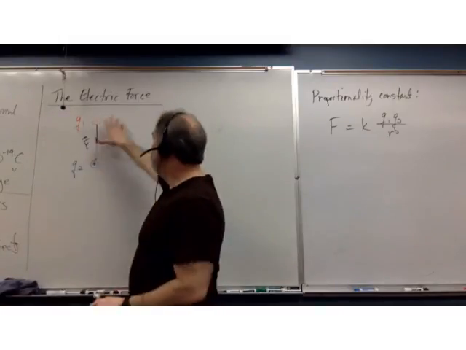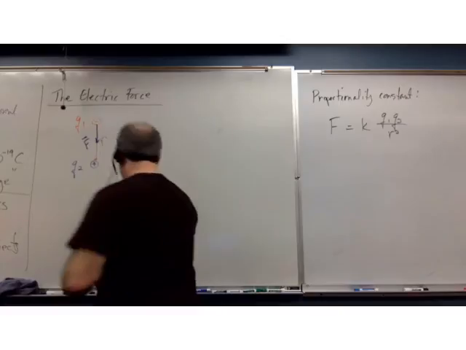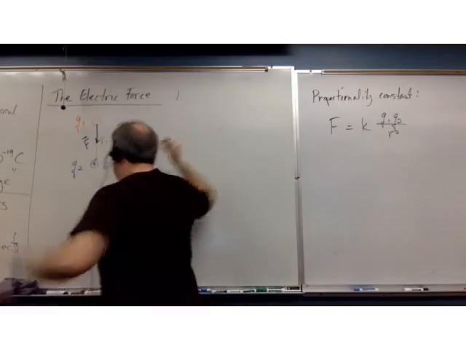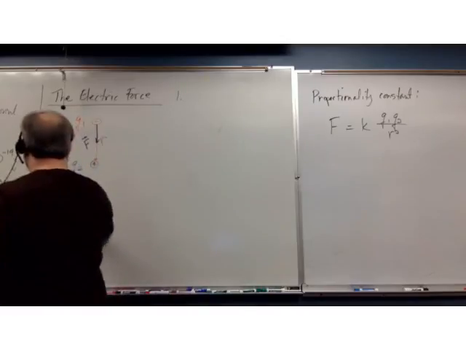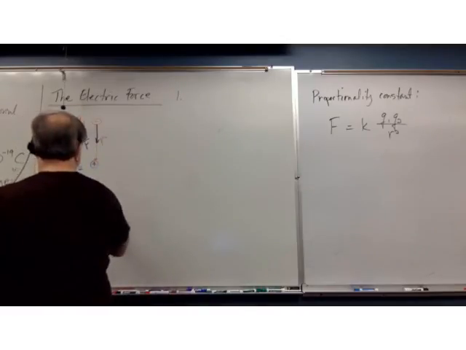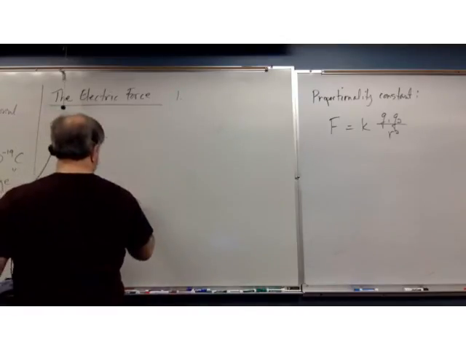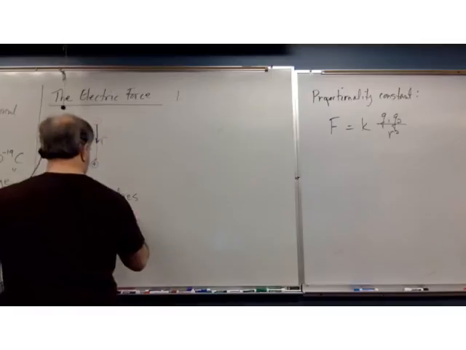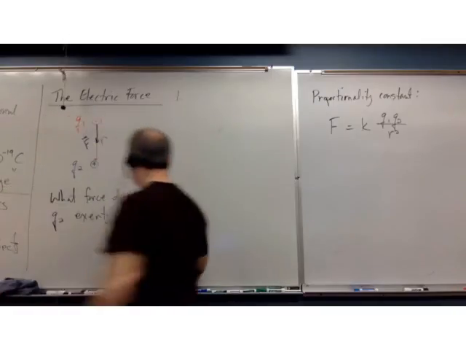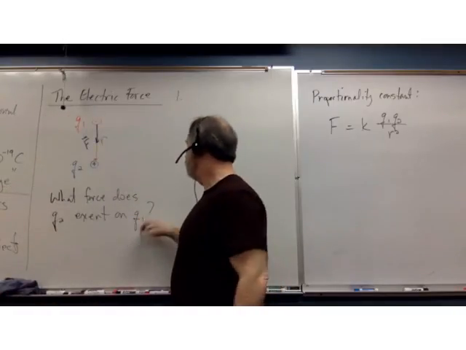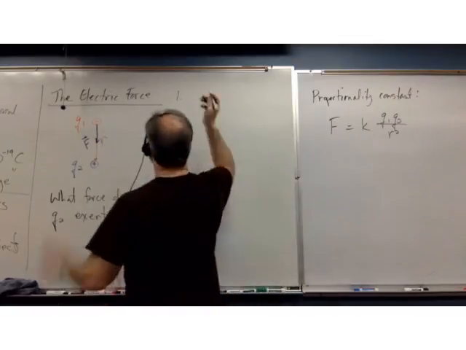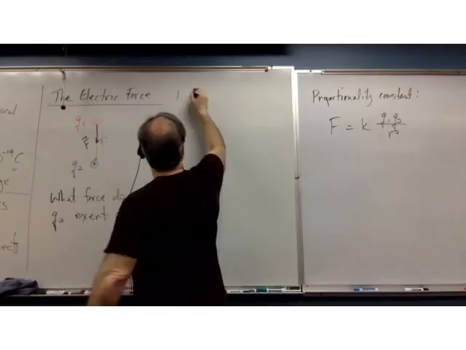So step number one. In fact, let me just formalize this. The question is, what force does Q2 exert on Q1? Step one to solve any physics problem is to draw a diagram.